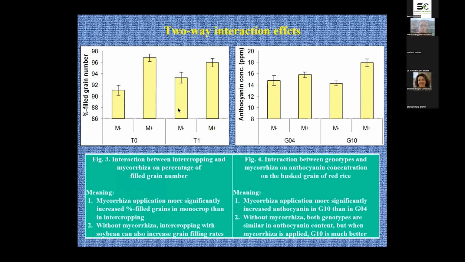These two are without biofertilizer. Without biofertilizer, intercropping also increases. Intercropping increases filled grain number without mycorrhiza.